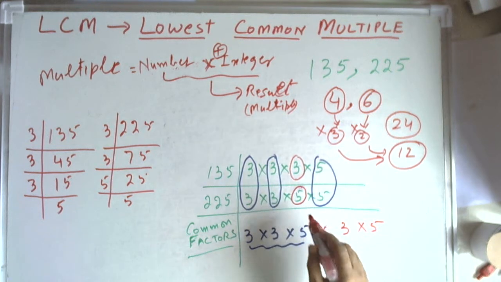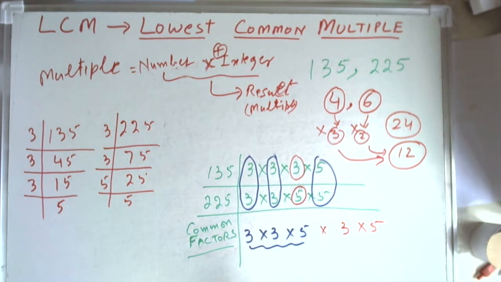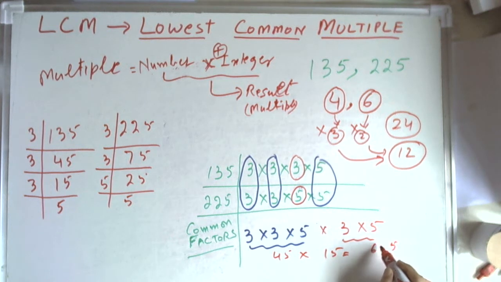So the remaining factors of both the numbers we have to take. So this we know was 45, and this is 15, and we get the answer as 675. So 675 is the common multiple of the numbers 135 and 225.